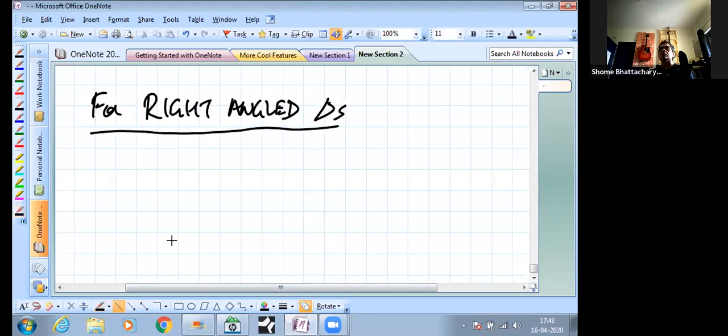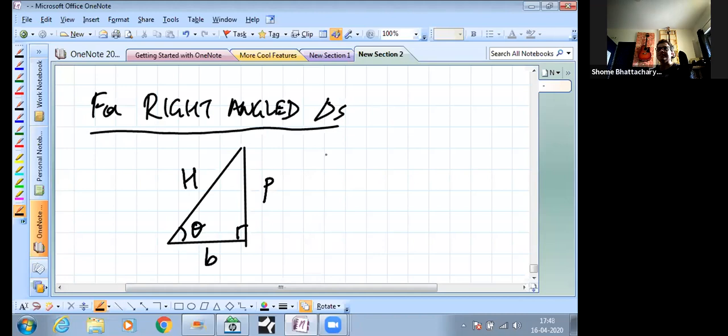That if we have a 90-degree triangle like this, where one of the angles is 90, and we label this angle as theta, then we label the opposite side as the perpendicular, the same side as the base, and the third side as the hypotenuse, and we define sine theta, cos theta, and tan theta as ratios.